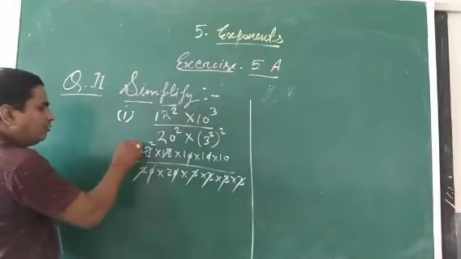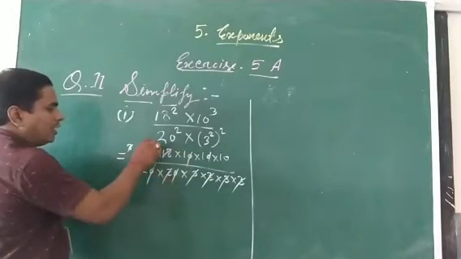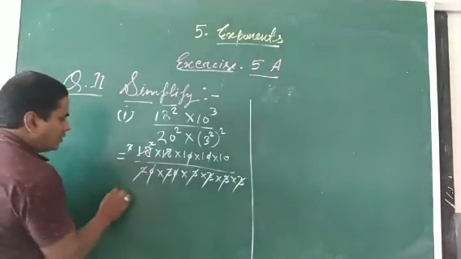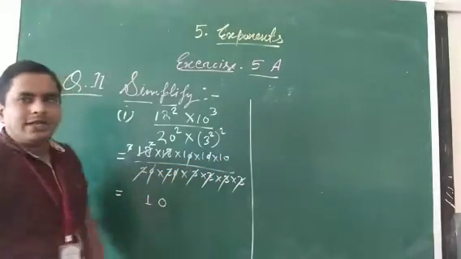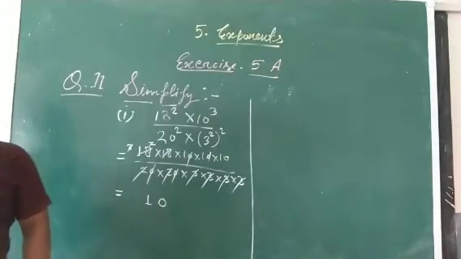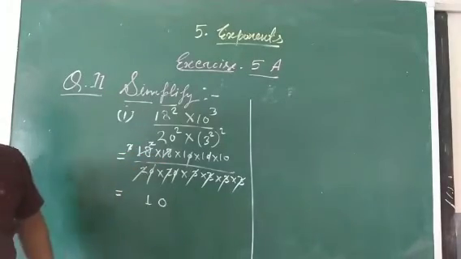Again here 2 cancels out with 2, 2 cancels out with 2. So what is the answer? Only 10. The answer is 10. Okay, clear? This is the direct method.